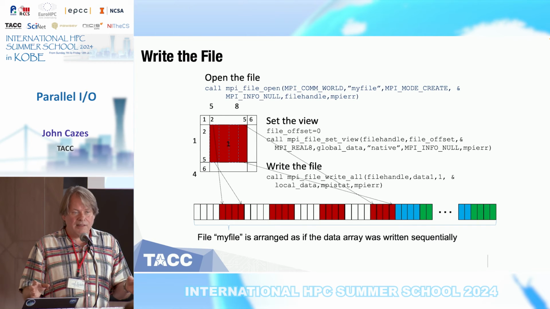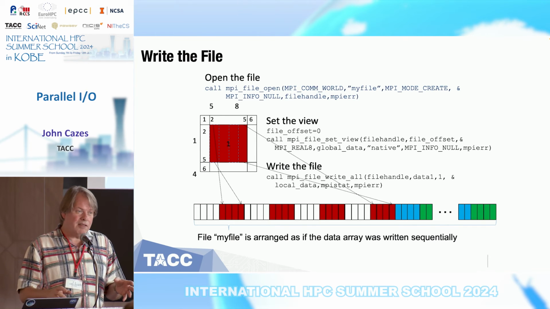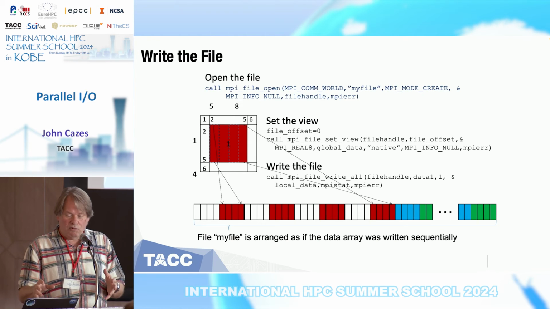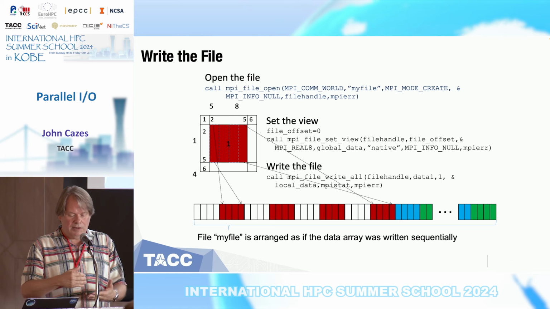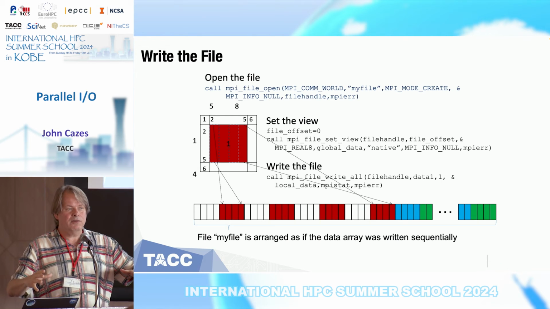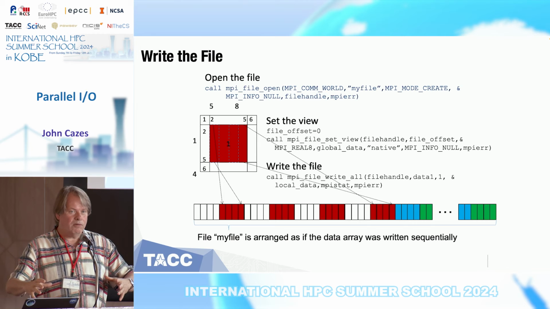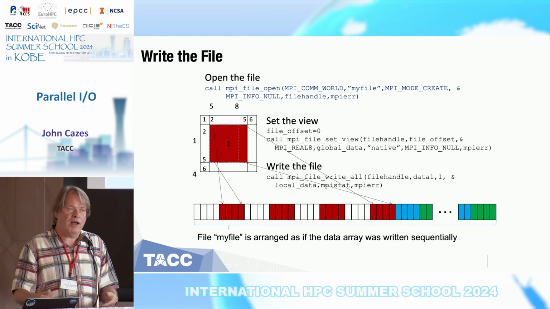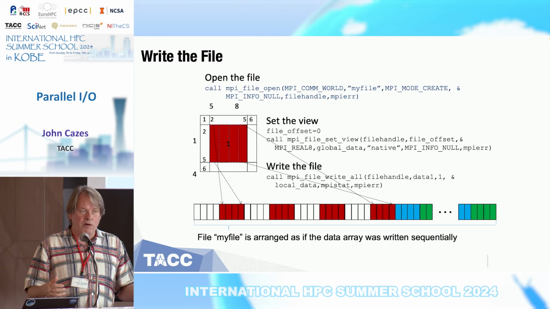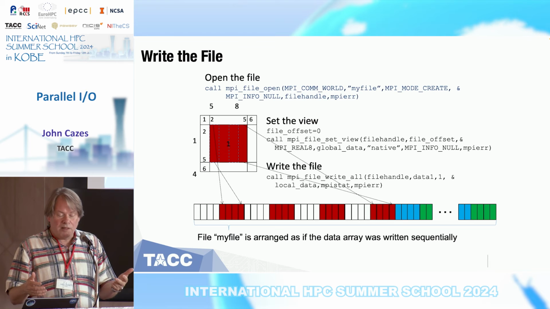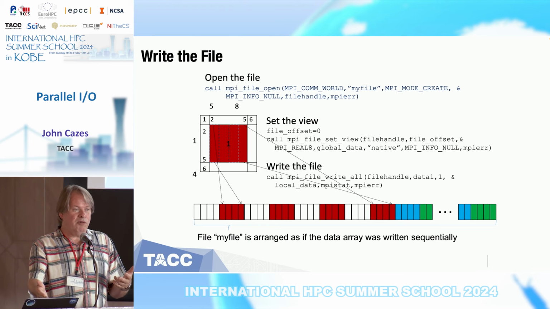And so now that I've set this up, I can write this file out or any data structure to the file in this way where it appears in the file, the global array that you had decomposed is in the file written contiguously. And so now you can take this file and read it in with a sequential program, with an analysis program, or you can read it in with your code right here using the same data types.